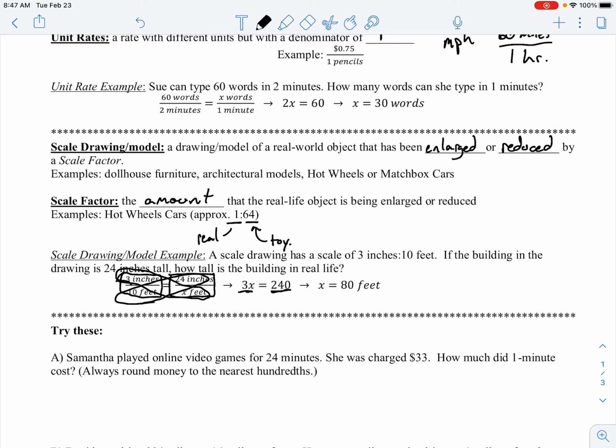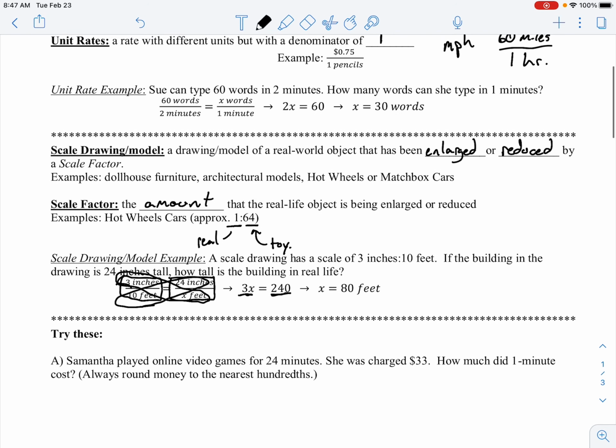So another way we can think of this is like a map. If we drove from, let's say, the school to, let's say Warrenton, that's maybe about 30 miles or so, give or take.